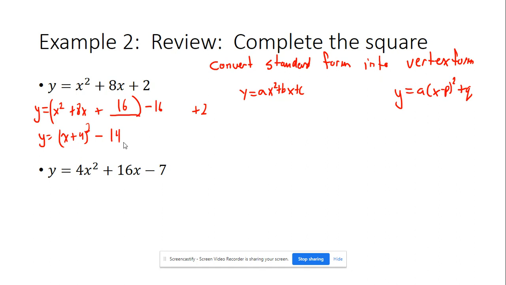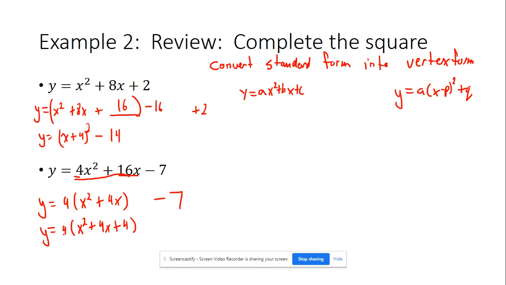Second one, y equals 4x squared plus 16x minus 7. What I'm going to do is factor out the 4 from those two terms. So it becomes 4(x squared plus 4x) minus 7. Keep the minus 7 by itself. Now I'm going to complete the square on these two terms. So I get y equals 4(x squared plus 4x plus half of 4 is 2, 2 squared is 4).